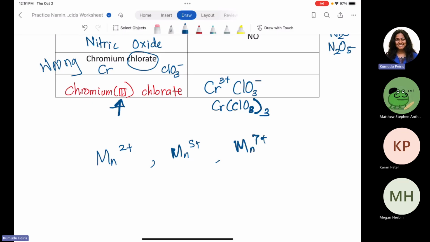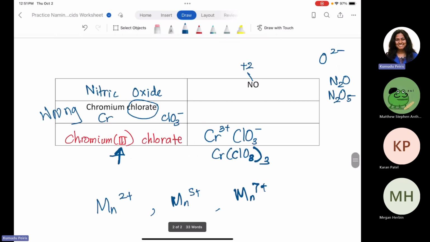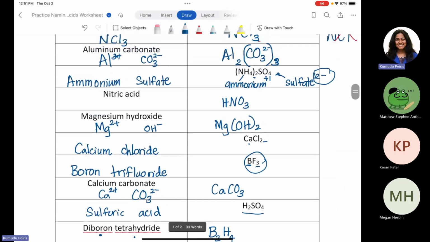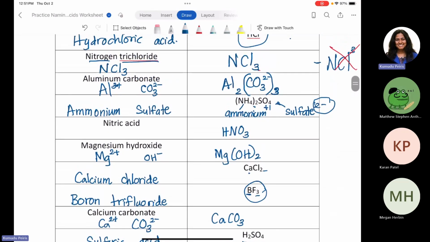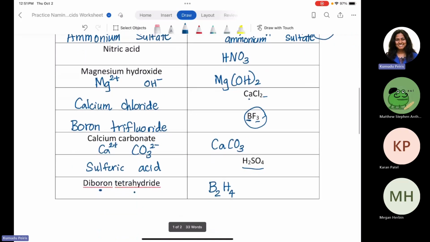Different types of ions. So when you are naming a compound with a transition metal, make sure you mention the oxidation number. But anything else, like in the s block, you don't need to write the oxidation number, because they make only one type of ion. Group 1 makes all the ions with plus 1. Group 2 makes the plus 2. That's all.